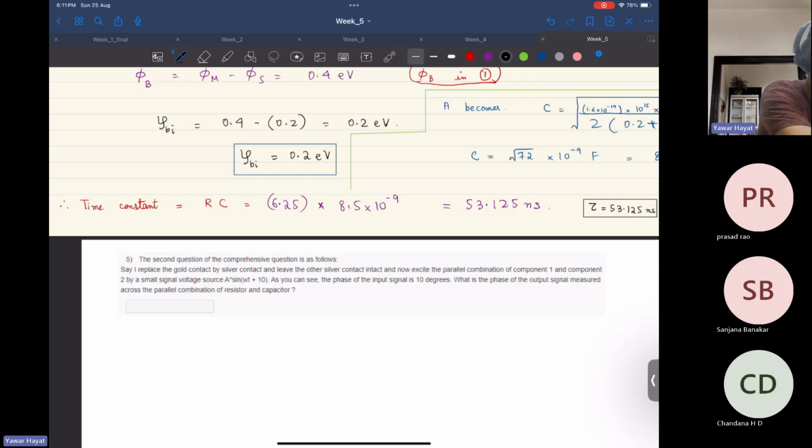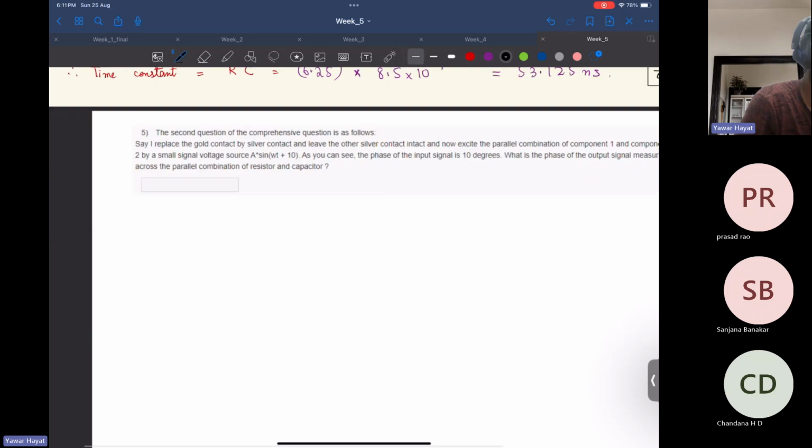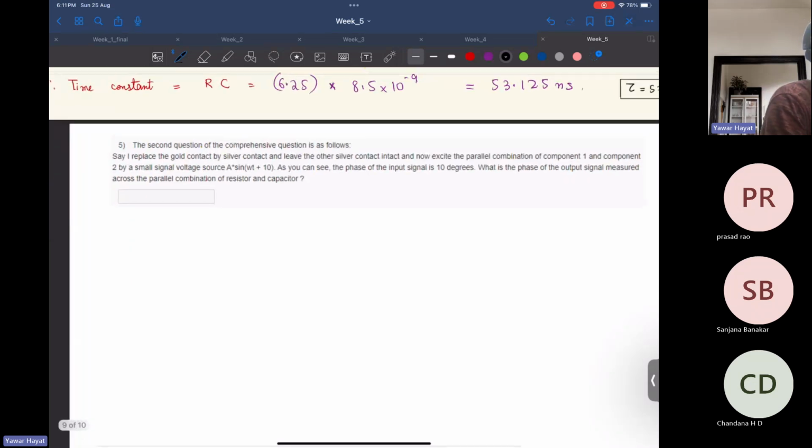As you can see, the phase of the input signal is 10 degrees. So the question is, what is the phase of the output signal that is measured across the parallel combination of a resistor and a capacitor? I mean, it might sound complex, but this is pretty simple. See what this question is saying.